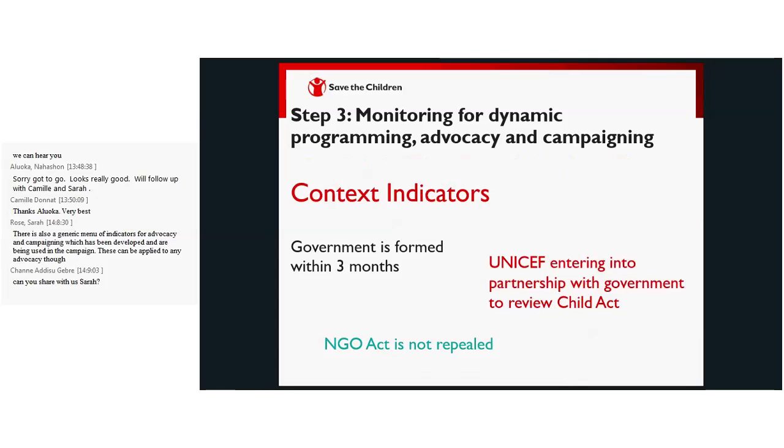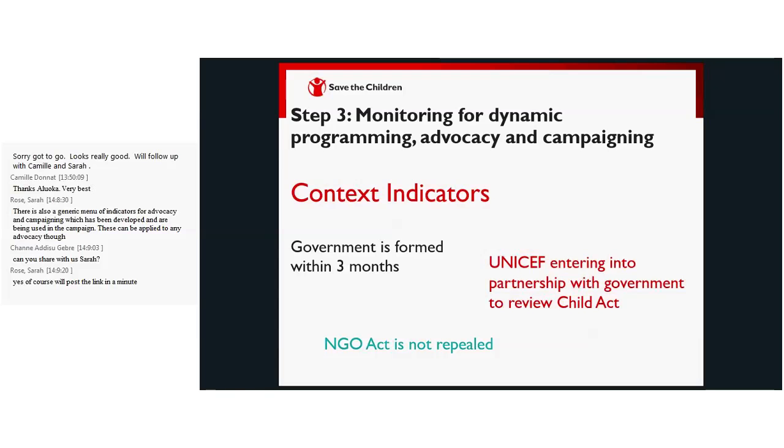Having said that, we don't necessarily need to track context indicators in a new plan, but be aware, identify them and be aware of them, and just use them as a reminder of what to look out for. So we've given you 3 examples of what context indicators can be. For instance, you have a government that is formed within 3 months.